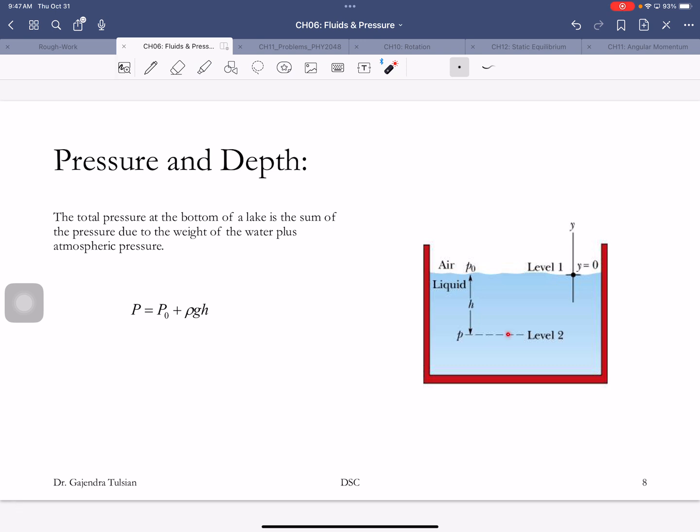The pressure here is the pressure of this column of air all the way to space, and that's P naught, and then the weight of this column of water. So the pressure at this point is the pressure of the air column plus the weight of the water column of cross-sectional area 1 meter squared. P naught is the pressure due to the atmosphere, and this is due to the fluid.